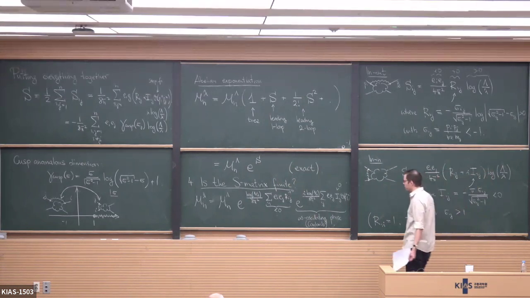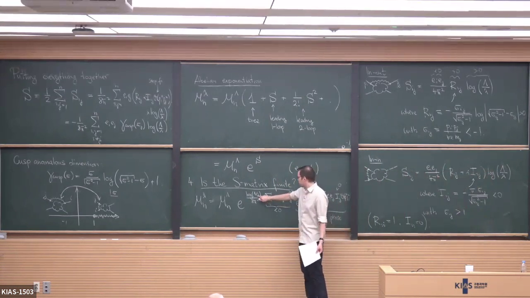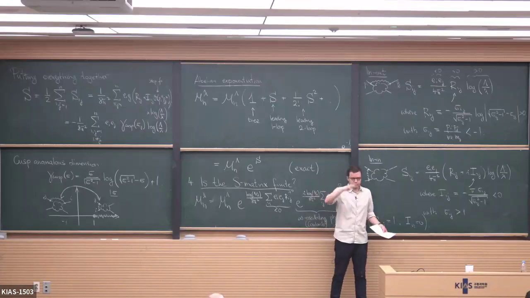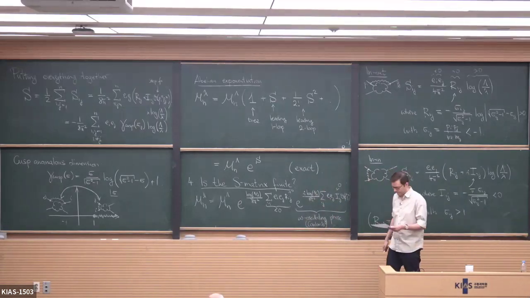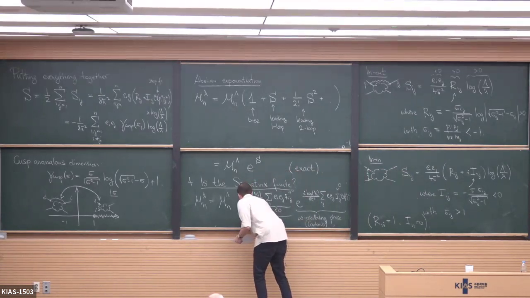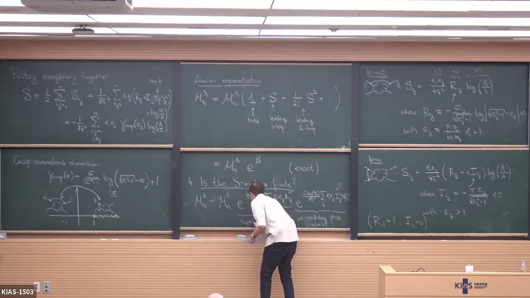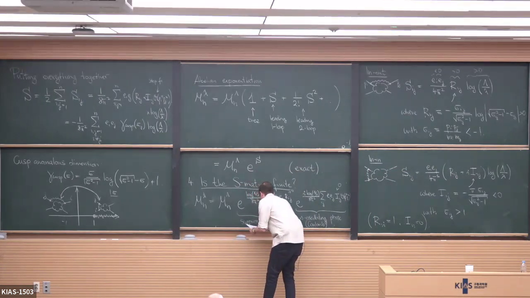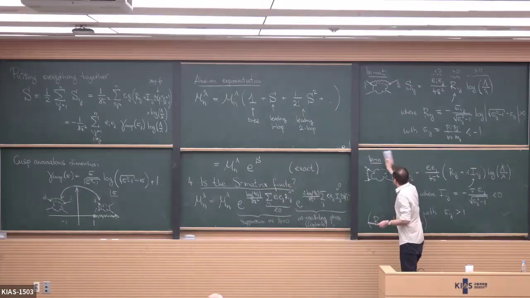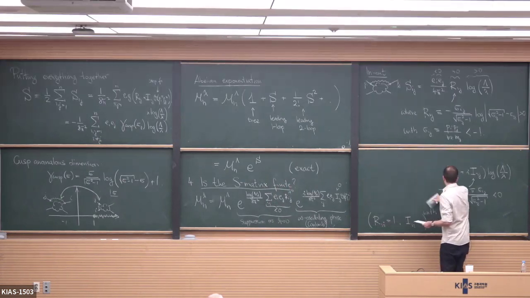Well, it means that in the limit when I take lambda to be 0, this exponential factor is an exponential suppression, as lambda goes to 0. Okay, this is the correct result.